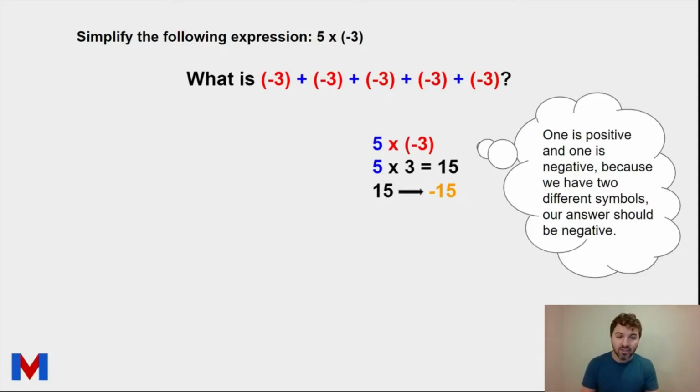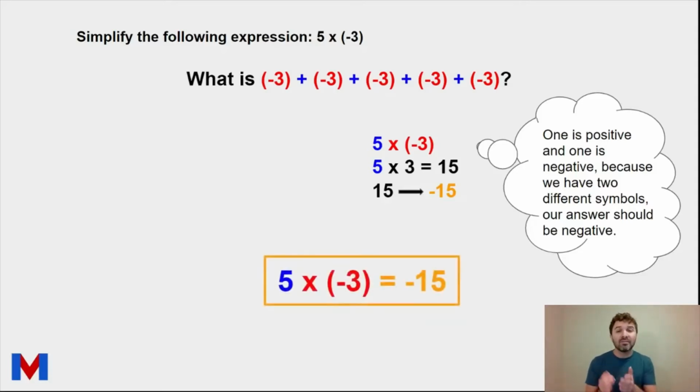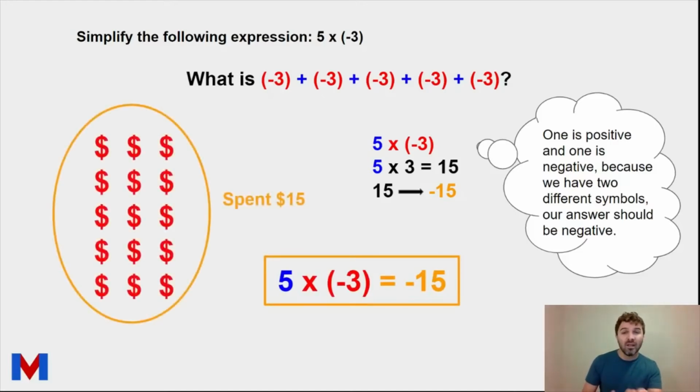So 5 times negative 3 is negative 15. We have these 2 different methods here. They both work. We have this method over here with pretty much negative dollar signs, which if that's what you need to do, do it. If you're at the stage where this method up here makes sense to you, then do this method. It's much more efficient, but if you're making mistakes with this, then do this so you're not making those same mistakes.